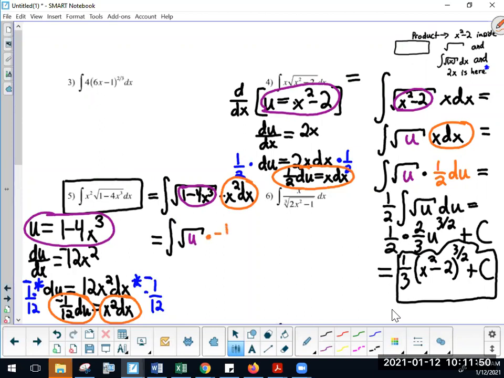Not always, but mostly. Okay, check that out. Is that an antiderivative you can do? Surely it is. Do so.